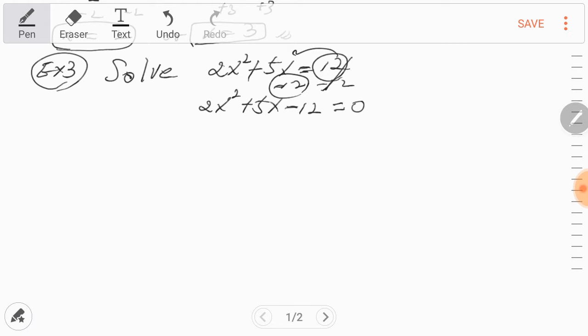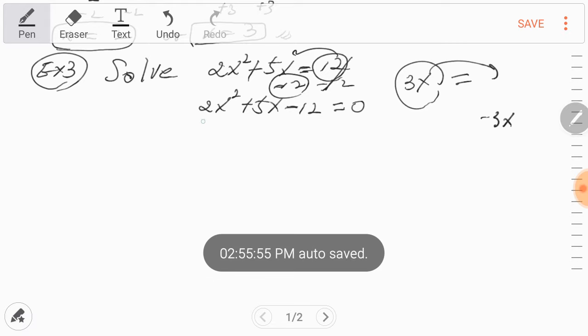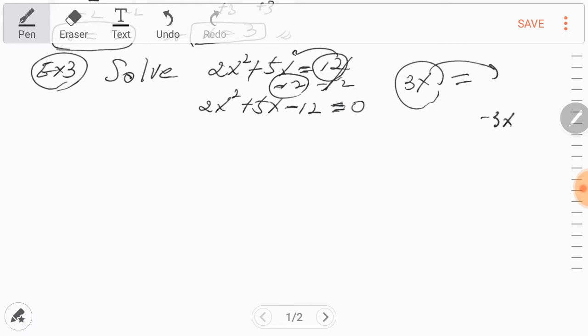So when you move something to the other side, it becomes negative, for example negative 3x in this case. So we have a trinomial on one side and 0 on the other side. Let's factor this trinomial.